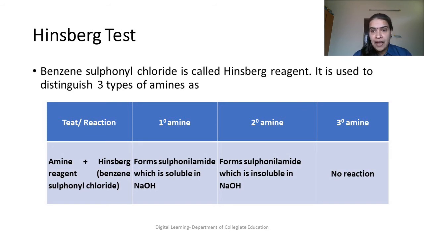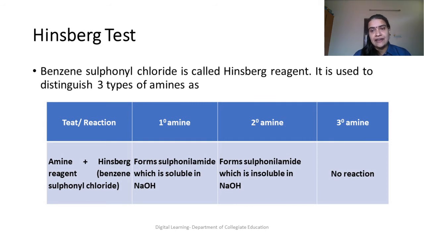When a primary amine is treated with Hinsberg reagent, we get a sulfonamide which is soluble in sodium hydroxide. So we have to treat the sample of amine with Hinsberg reagent followed by treatment with the alkali. On treatment with an alkali, if it is a soluble compound, then we can say it is a primary amine.